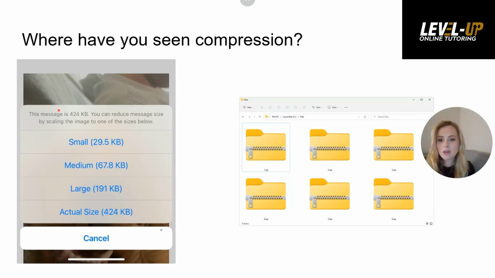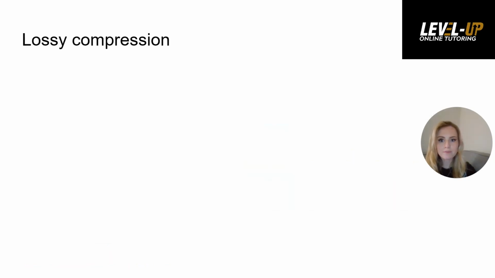You can take a little look at my example here. We can see the actual size is 424 kilobytes, but we can compress that image right down to 29.5. So you could make the decision on whether you wanted to reduce quality for a faster transmission size, or maybe you haven't got enough storage. It's all those sorts of compromises when it comes to compression.